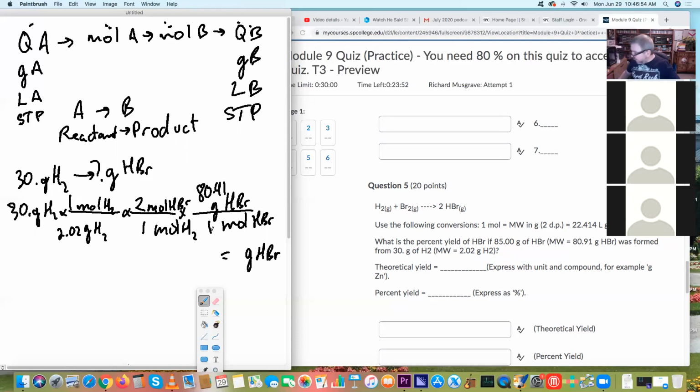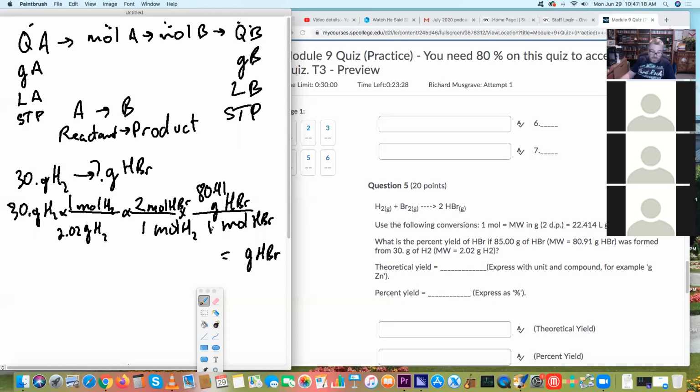And that will allow us to come up with the grams of HBr here, which will represent the theoretical yield. Again, I will do 30 times 80.91, and then times 2. That's multiplying everything on the top, and then divide by whatever's on the bottom, which is 2.02.